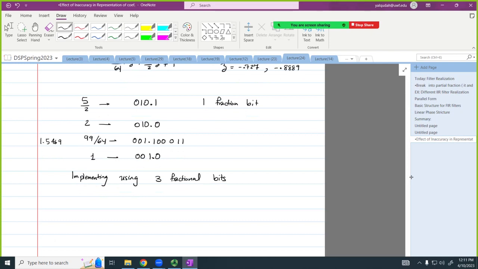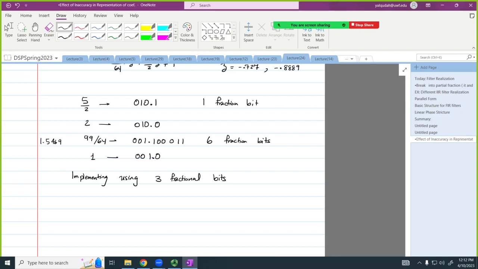We're going to only keep 3 of the fraction bits. Here we needed 6 bits to represent the fraction. So this one is not going to be impacted, this one is not going to be impacted, this one is not going to be impacted.